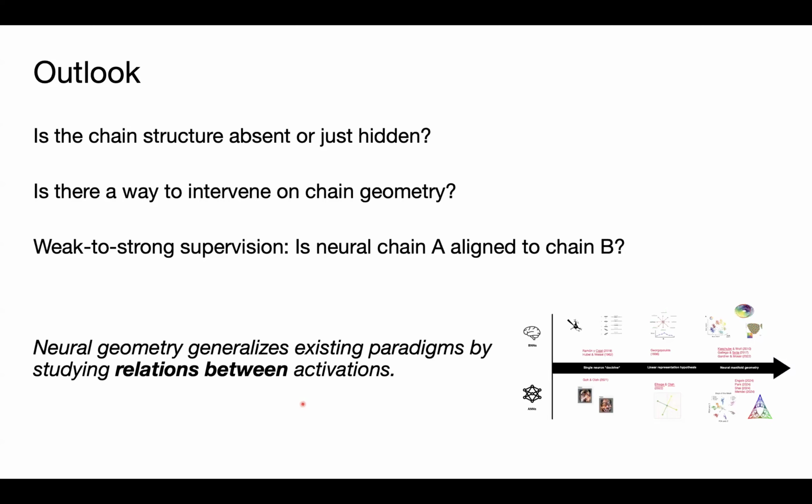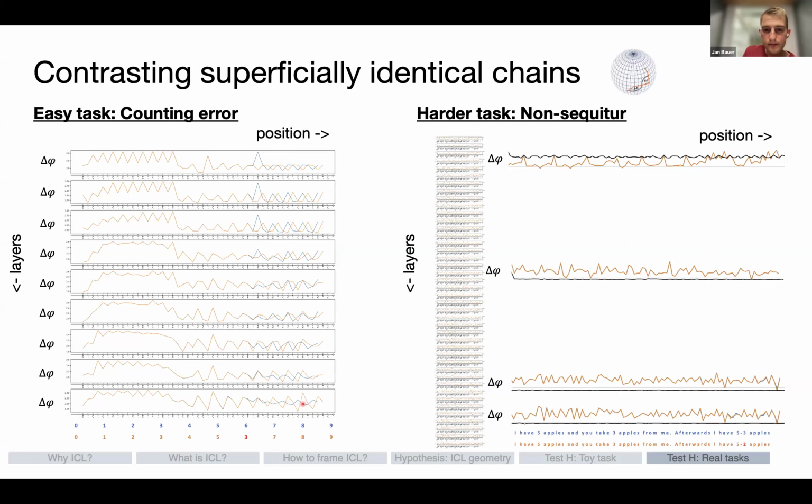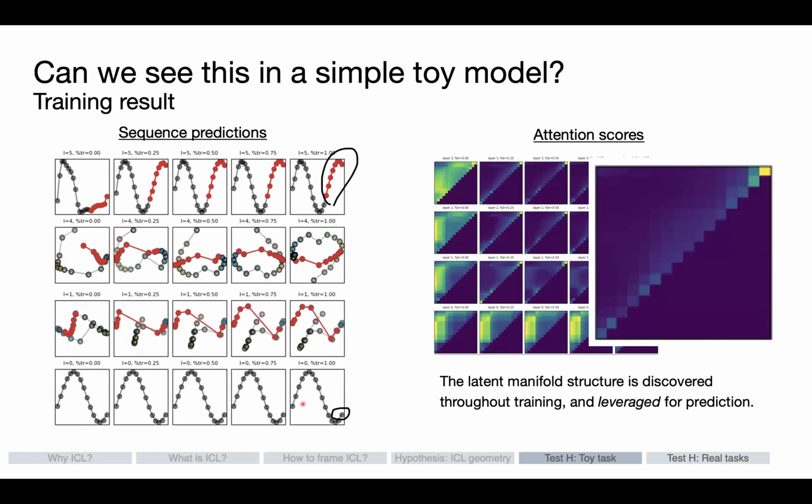Terrific talk. Thank you very much. There was one section that I was a little confused about, which is when you showed the attention scores. Looking at those, it suggested that what we saw was tokens attending to nearby tokens.